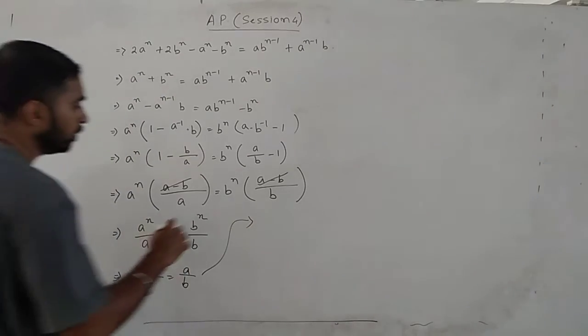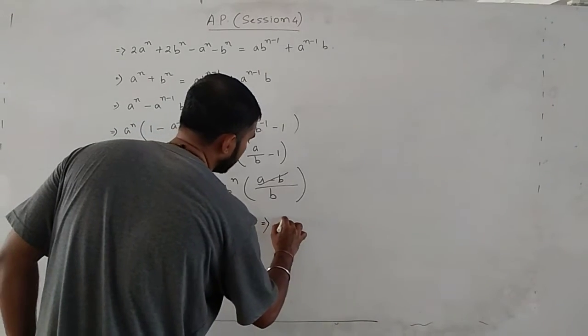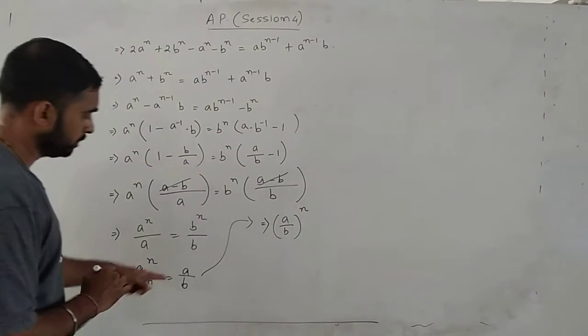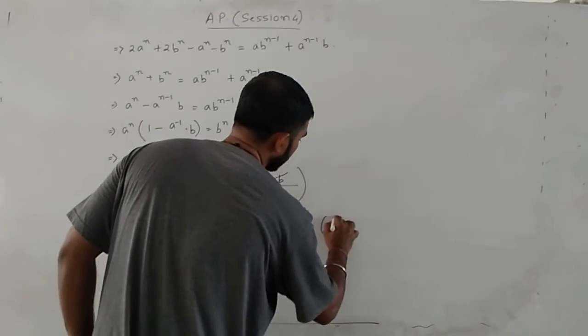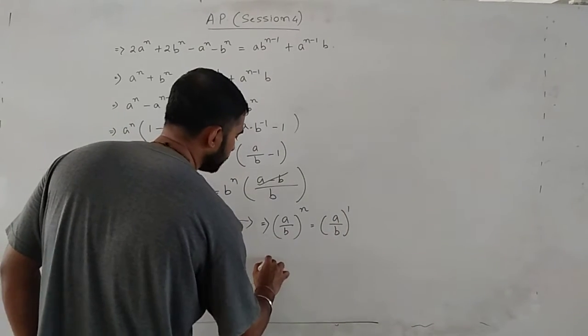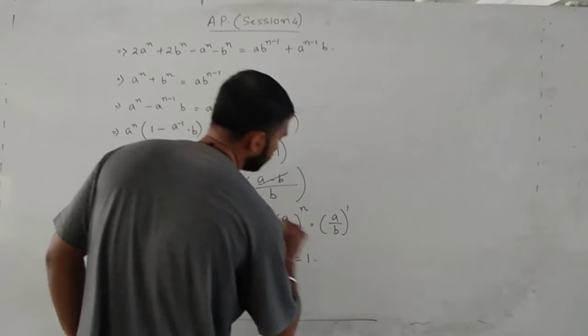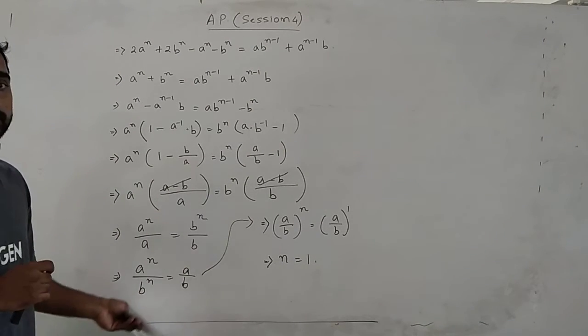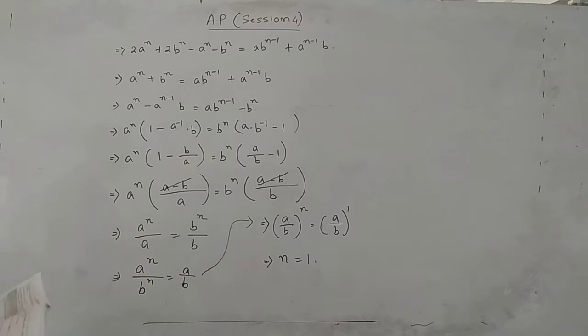Now a by b whole to the power n is equal to a by b whole to the power 1. Both sides base same, so n equals 1. So this is the solution of the question. You got it?